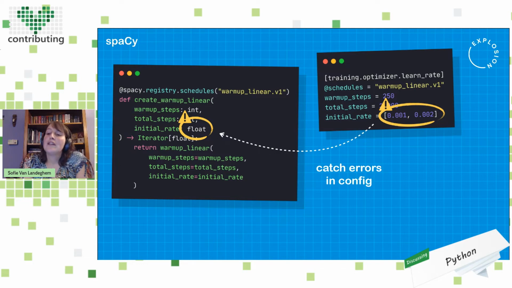The second that we try to run this configuration file through spaCy, there will be an automatic warning or even an error that says, I can't progress here because this initial rate is obviously of the wrong type. I think that's extremely valuable because otherwise it would probably crash somewhere down the line, 10 function calls later, and it might not be obvious what went wrong. So I think this is very powerful and useful.